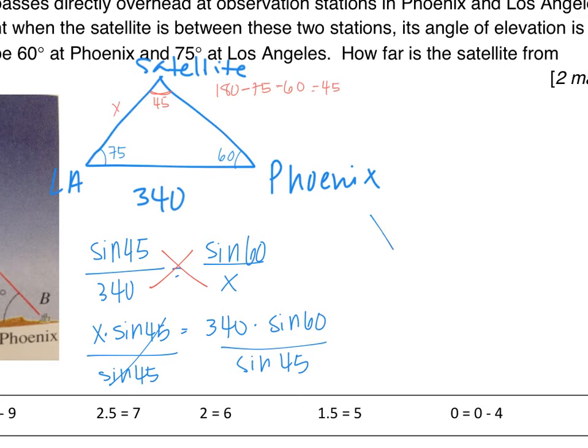All right, so x equals 340 times sine 60 divided by sine 45. And I got 416.4.